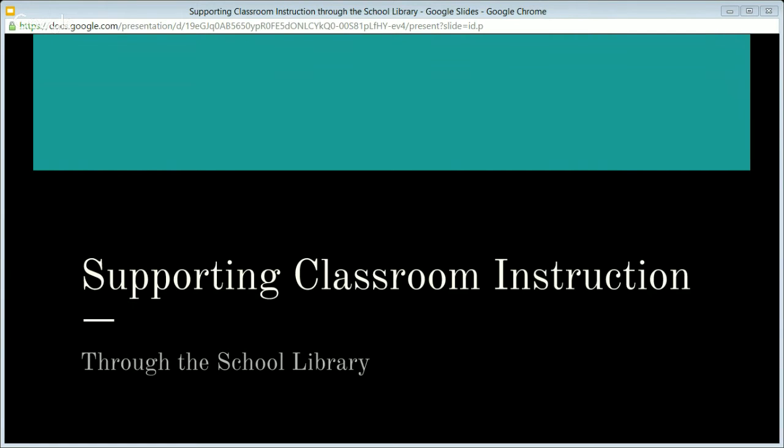It is so very important that as librarians or as paraprofessionals, we do what we can to make sure that we are supporting our teachers and the students, parents, our administrator. So it's very crucial to make sure that we are always keeping our library and library program the center of the school. So let's get started on supporting classroom instruction through the school library.